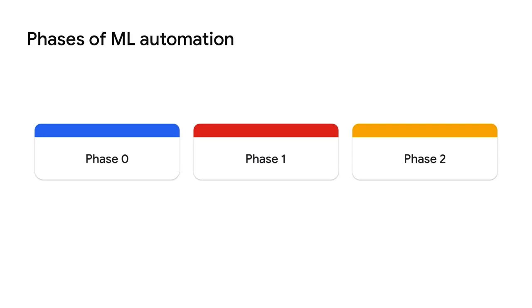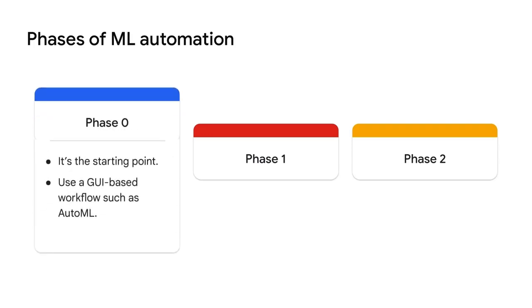Organizations often implement ML automation in three phases. Phase 0 is the starting point, where you have not configured any ML ops. You typically use the GUI, or graphical user interface workflow, such as AutoML, for training, deployment, and serving. Phase 0 is critical because it helps you build an end-to-end workflow manually before you automate it.